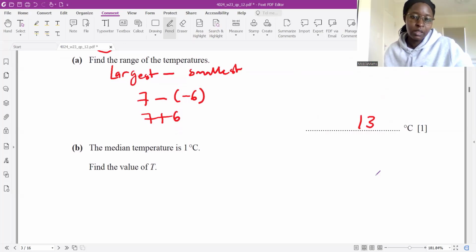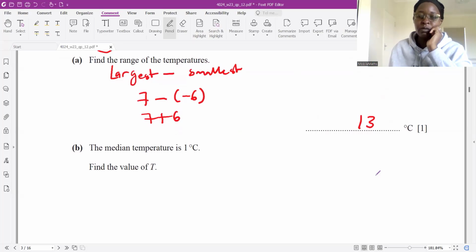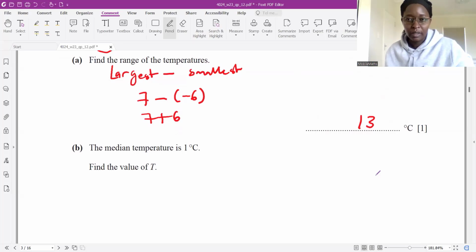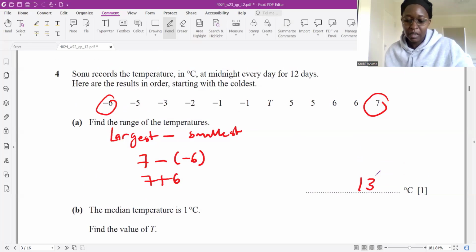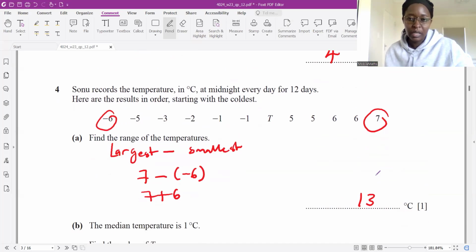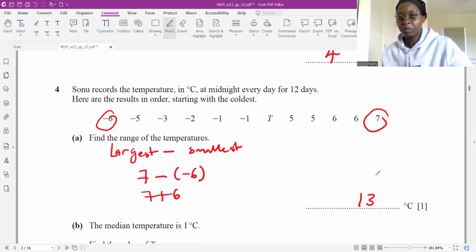Then the median temperature is 1 degree. Find the value of T. If the median temperature is 1, the median means the number at the center.